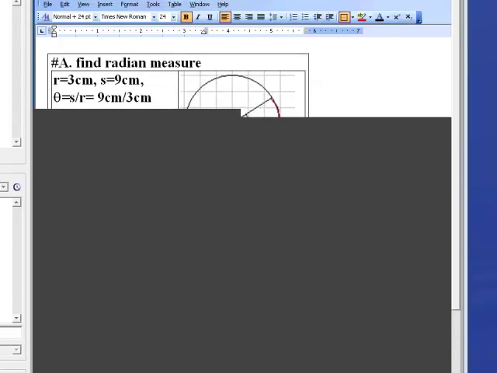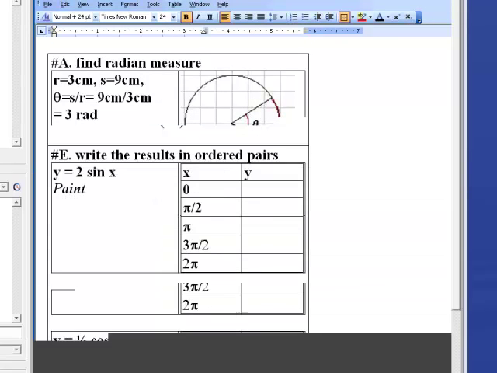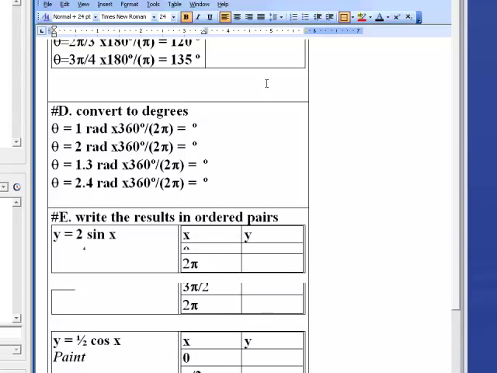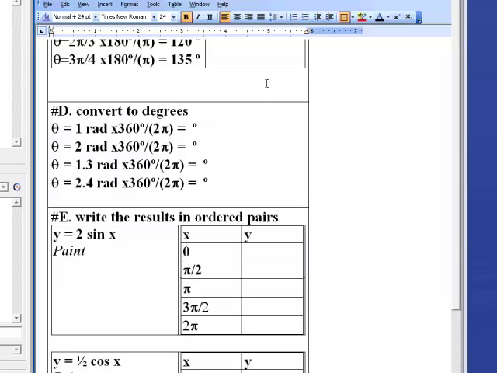Okay, next exercise, which says convert to degrees. So theta equals 1 radian, convert to degrees, and then 2 radians and so on. And again, I may want to switch this here to 180 over pi.